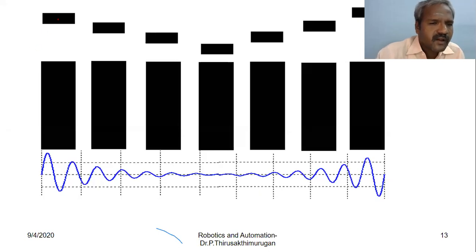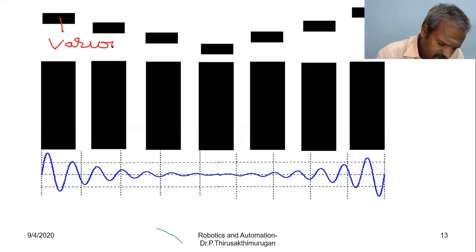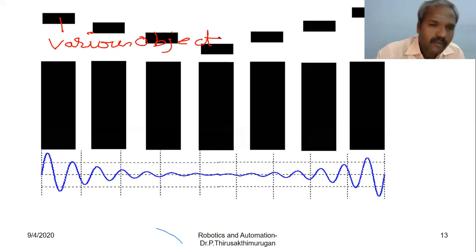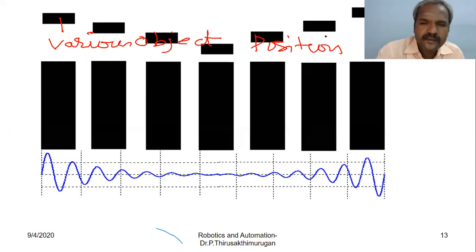Say these are various object positions. So these are all considered sensor head, various positions of sensor head.